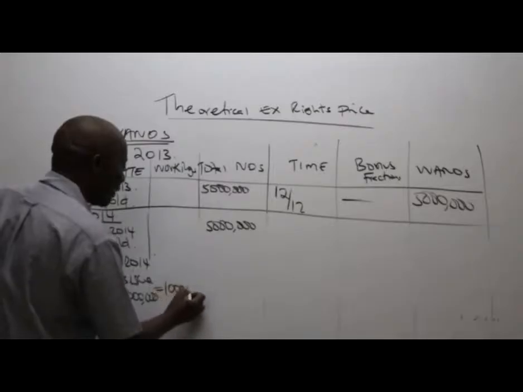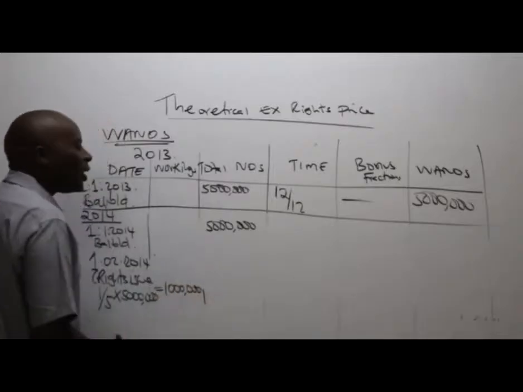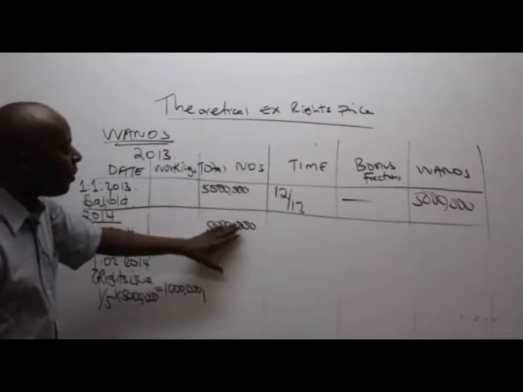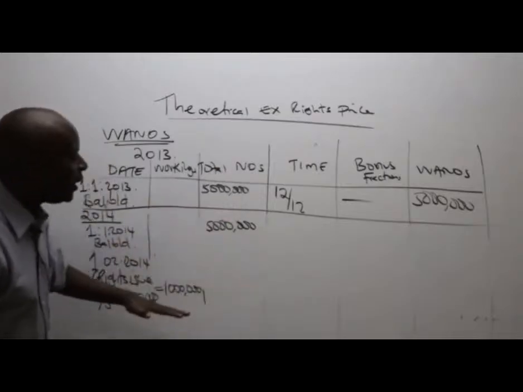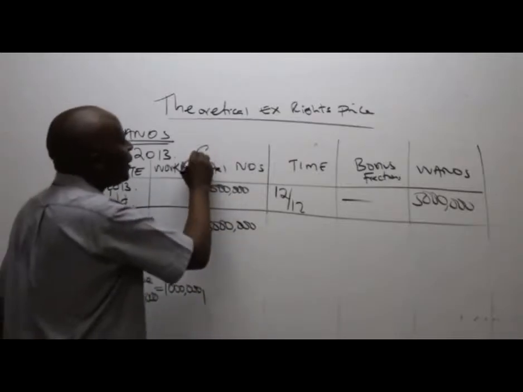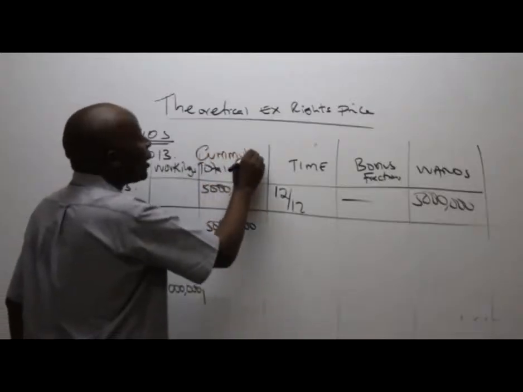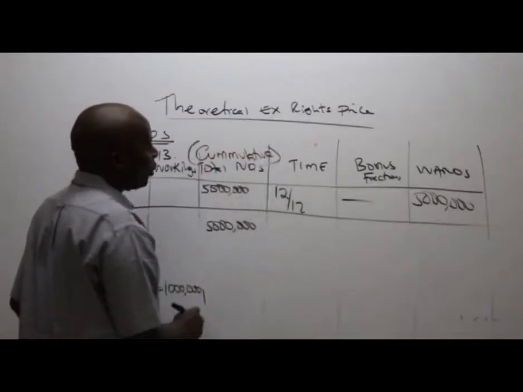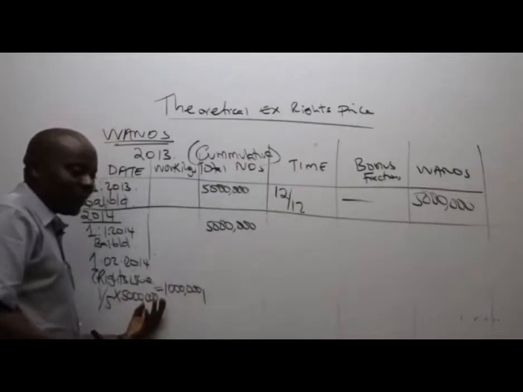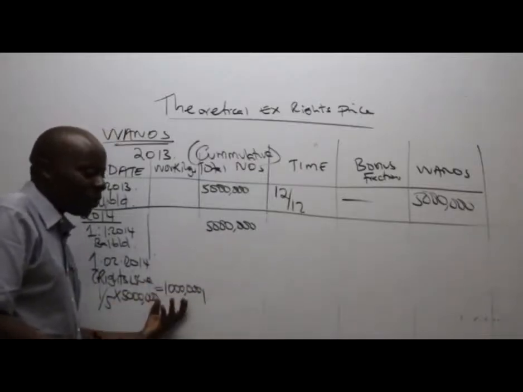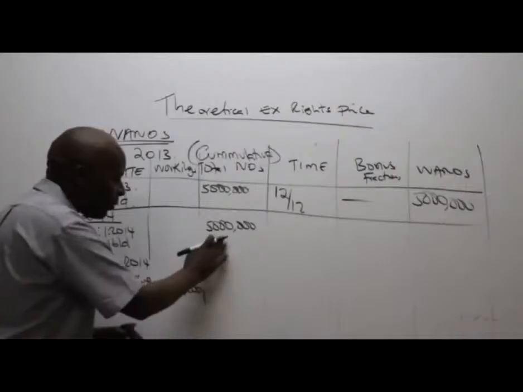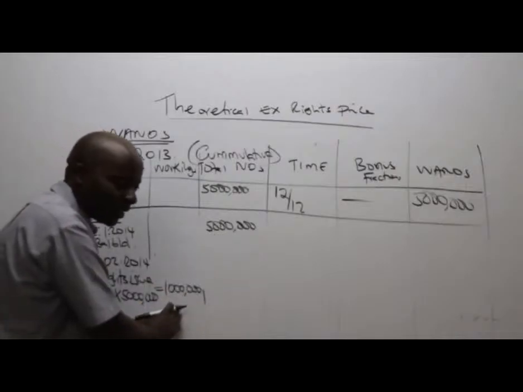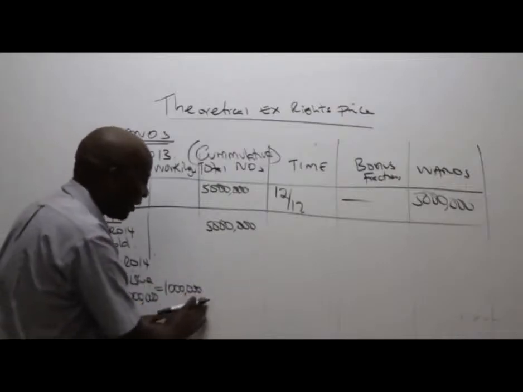But I appreciate what that student is trying to tell me: this column here normally takes the total, the cumulative. So 5 million plus 1 million gives me how many shares in total? 6 million. Thank you very much.